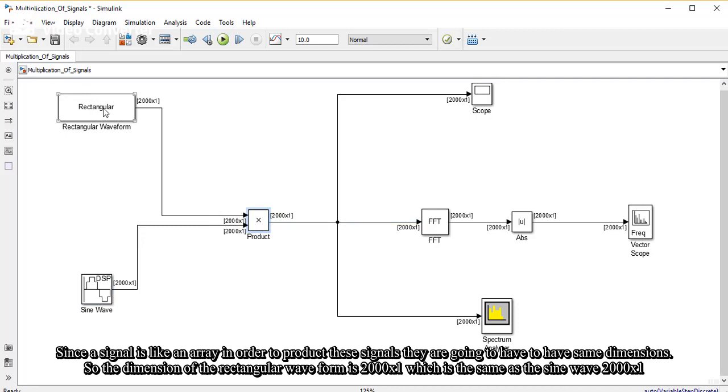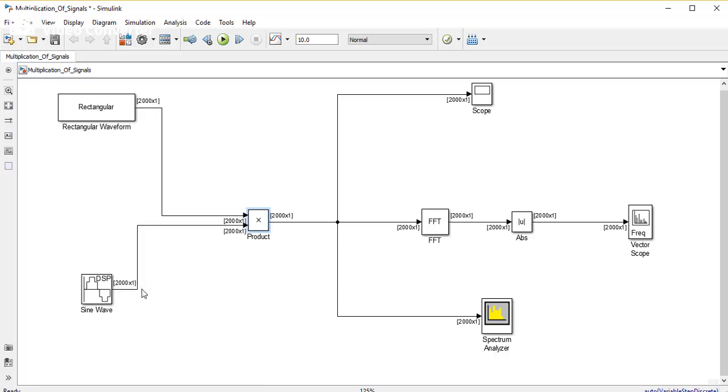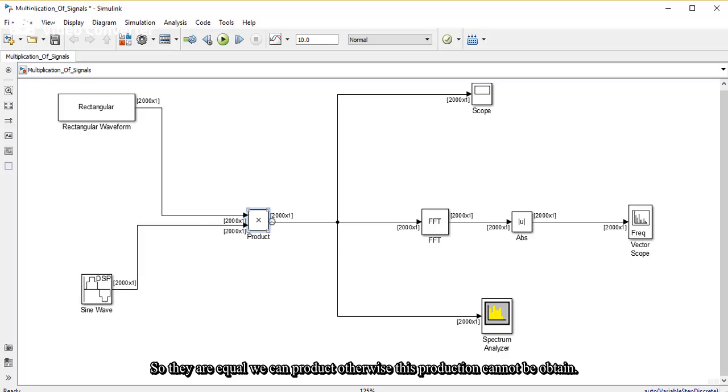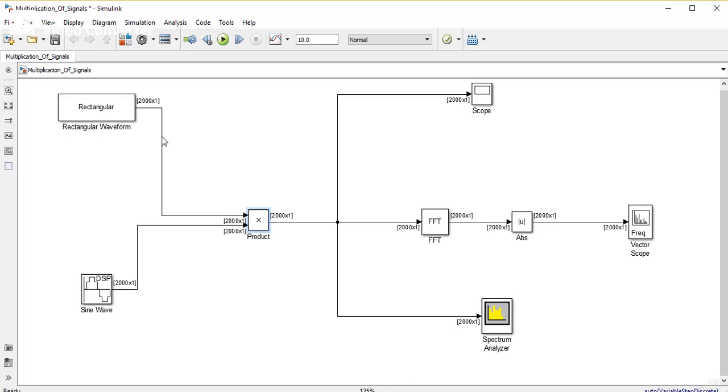So the dimension of the rectangular waveform is 2000 multiplied by 1, which is the same as the sine wave 2000 by 1. So since they are equal, we can product them. Otherwise, this production cannot be obtained. So in order to product any two signals, their size should be similar.